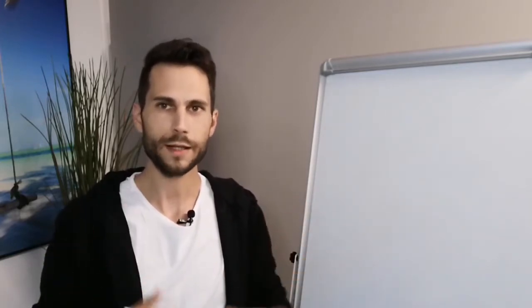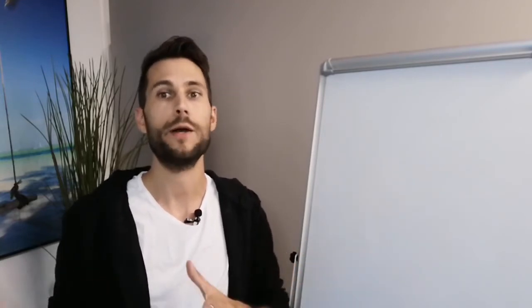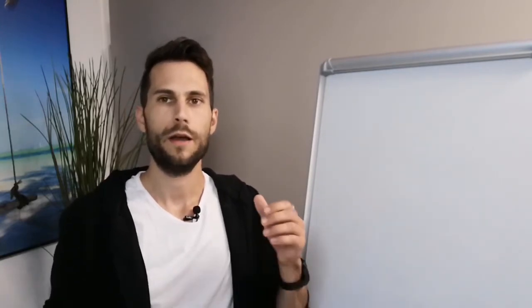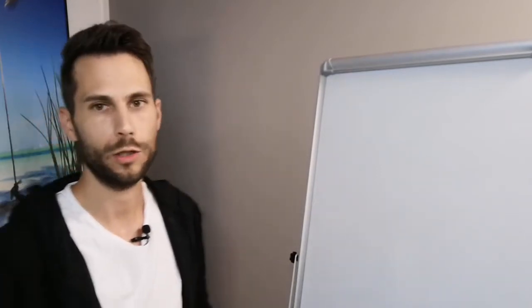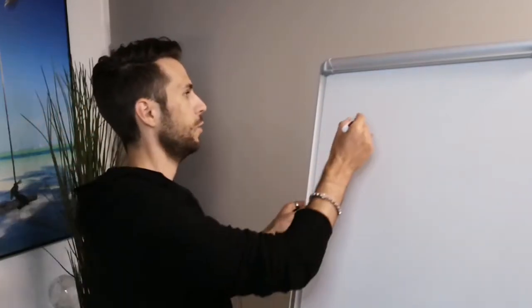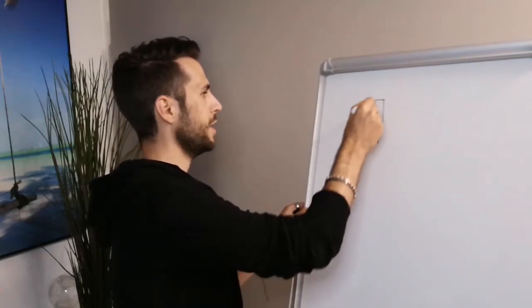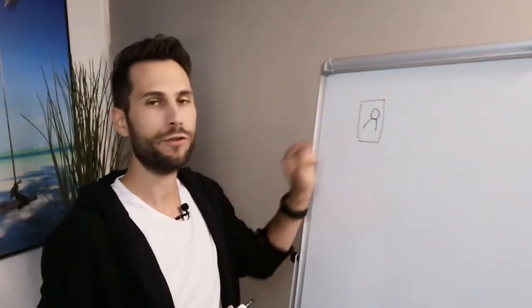So let's look at the two different behaviors and figure out what are the right ways to interact with them. So behavior number one is the scroller. This is the guy or the girl that is on the internet, and they are just scrolling and consuming content of different people.